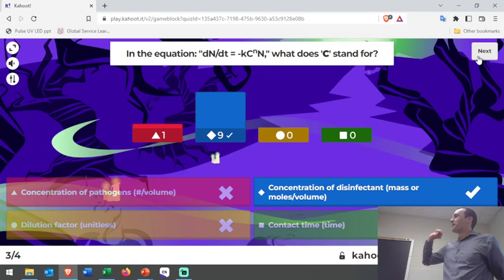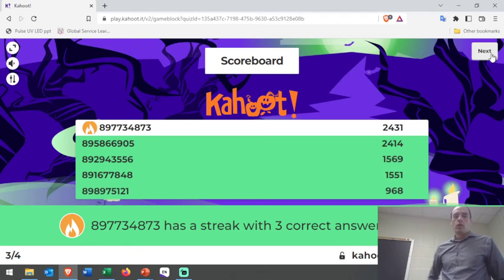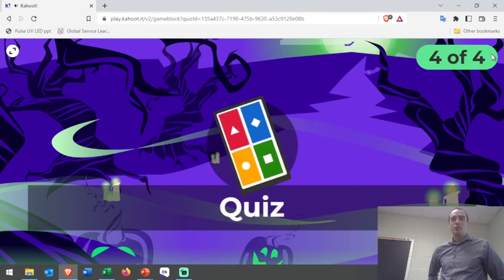It can be tricky because we often have done dC/dt and then dN/dt. Here we're looking at the pathogens changing, the N, and the concentration of the disinfectant, C, is a part of that. We could put a little n for the reaction order, but n would be 1, right? Because that's that portion.